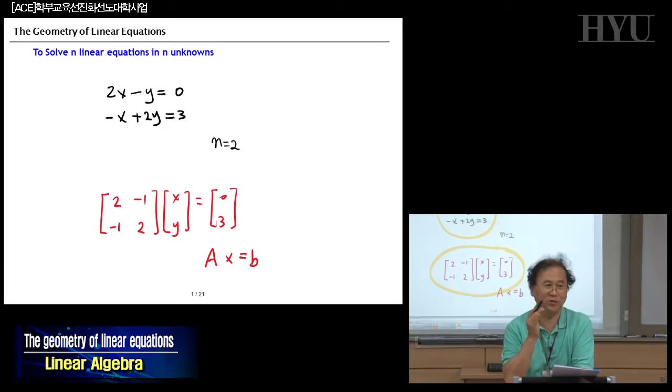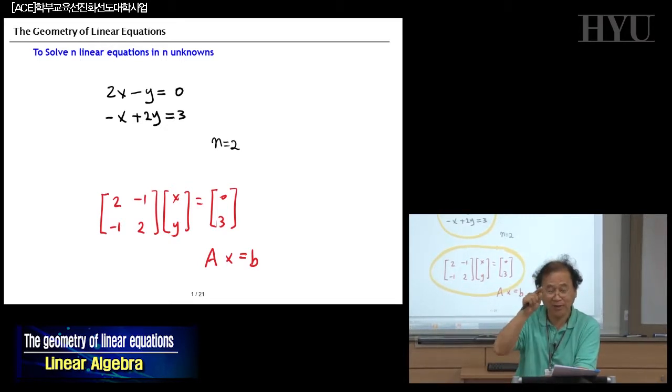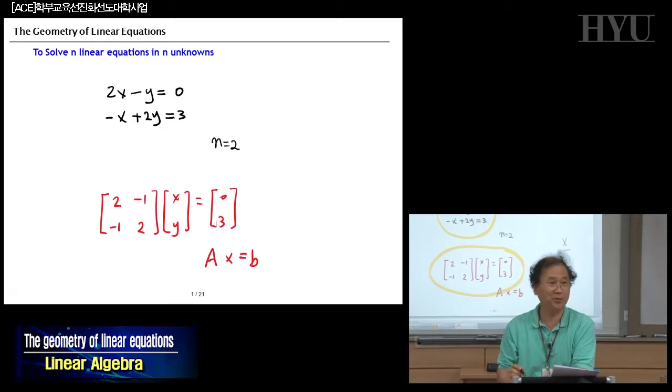Most cases, we make A bold. Even x is a vector, actually. Sometimes we make it bold, sometimes you put a hat on top of it. Some other people represent a vector this way, or some people this way, right?